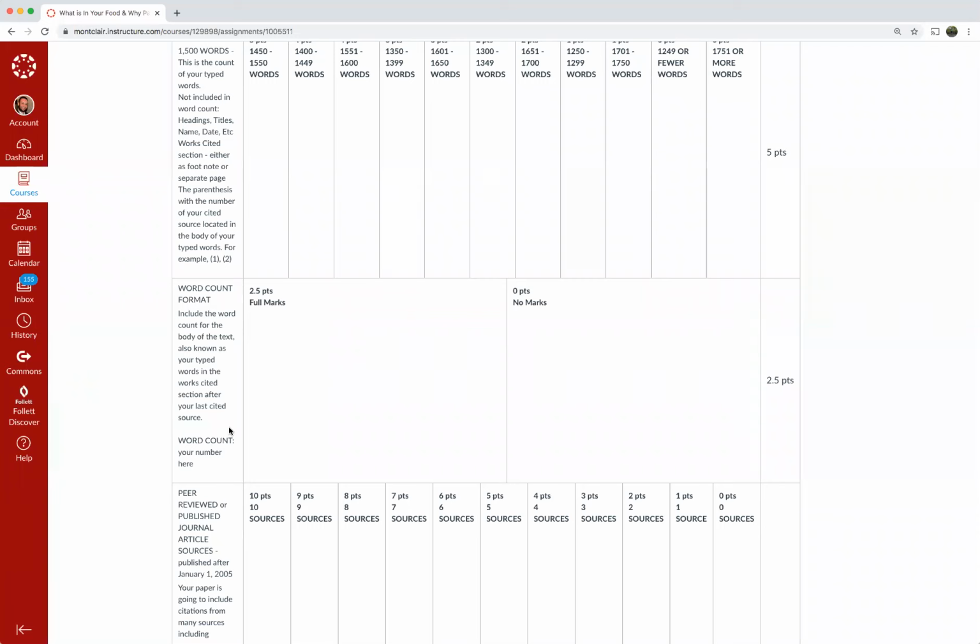And doing a word count is super straightforward in any of the word processing applications that we use today. If you need to, you can just highlight the text that is part of your word count, the body, the narrative of your paper, and then do your word count based on that, because name, titles, headings, the date, all those extra things that people put on papers should not be included in the word count.